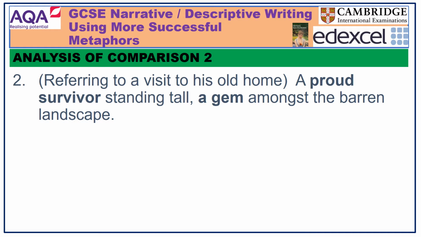Meanwhile, gem highlights the preciousness of the house. Perhaps it is worth a great deal of money. Perhaps it figuratively shines and sparkles amidst its more prosaic, depressing surroundings. I have to say that these metaphors remind me of Daphne du Maurier's description of the country home Manderley within her best-selling novel Rebecca, which was first published in 1938.